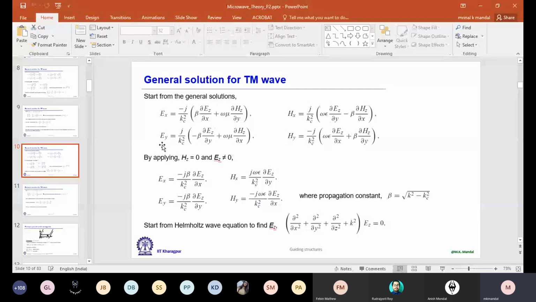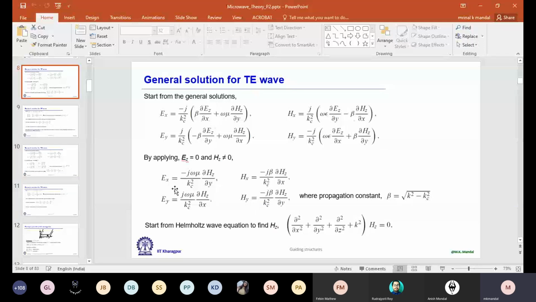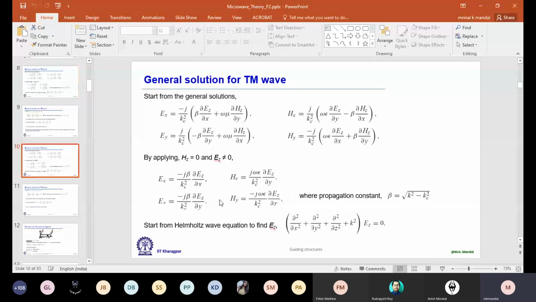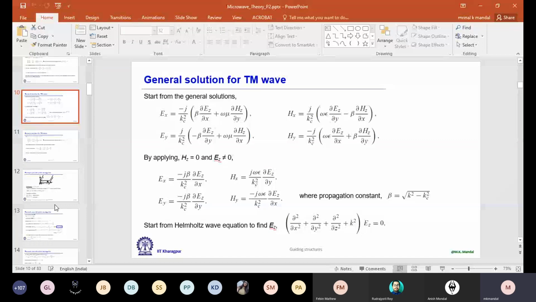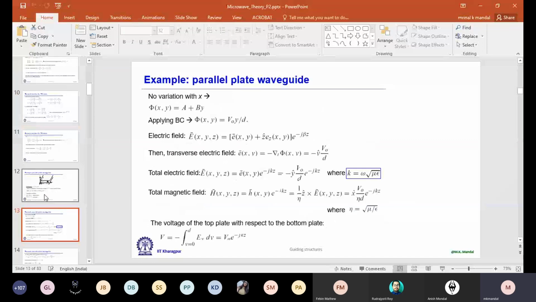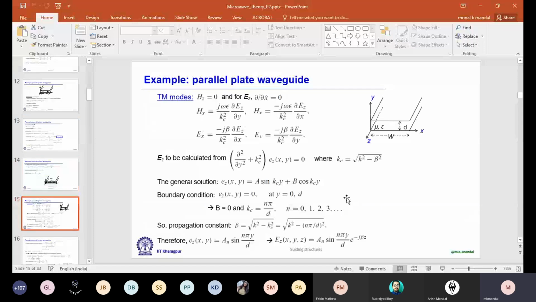Similarly for the TE case also. For TE case, if I put Ez equal to 0, it simplifies to this. So we'll be using these two sets of equations to solve for Ex, Ey, Hx, Hy. I don't think I can cover it today, so tomorrow I'll start with this. For now, let me take some questions.